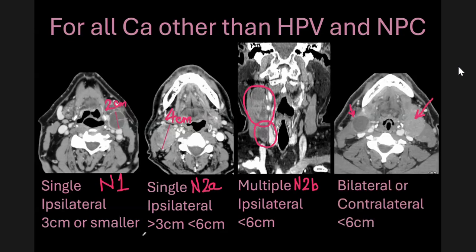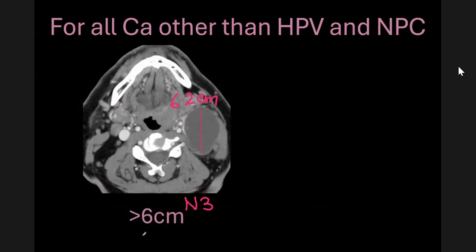So this is the N1 and N2 stage, and N2 is further divided: a single lymph node, multiple ipsilateral lymph nodes less than 6, and then you have to see whether there are multiple ipsilateral or contralateral or bilateral. Any lymph node that is more than 6 centimeter becomes N3A. So more than 6 centimeter means that the N staging is already in the N3 stage.